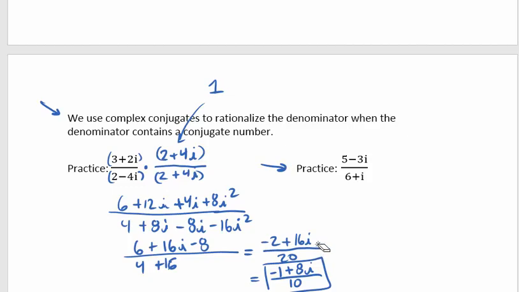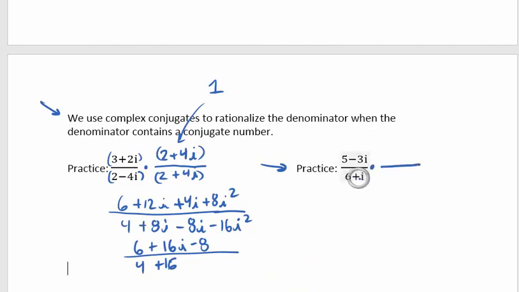Okay, I'm going to erase some of this to make just a little bit of room here for myself. All right, so we want to multiply by the complex conjugate of this denominator. So that's going to be 6 minus i. Same thing to the top. Okay, I distribute the 5.